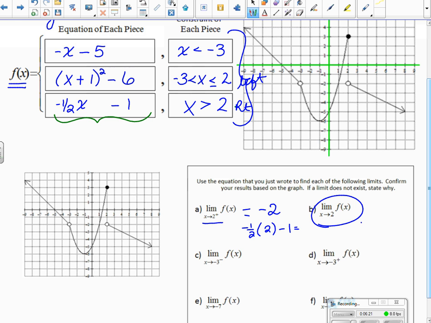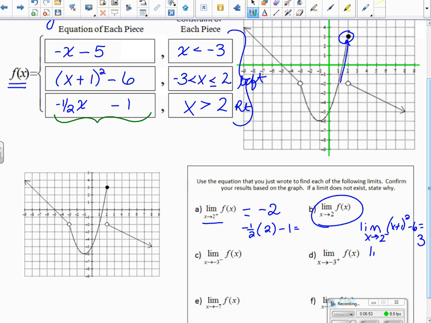If I looked at the limit as x approaches 2 from the left side, then I'm in the middle band, and I'm going to follow the (x plus 1) squared minus 6 function. If I plug 2 into that, I get 3 squared is 9, 9 minus 6 says it should be a height of 3. And indeed, that's what we see. If we come into 2 from the left side, it ends up at a height of 3.